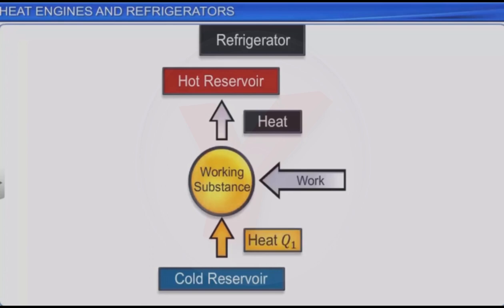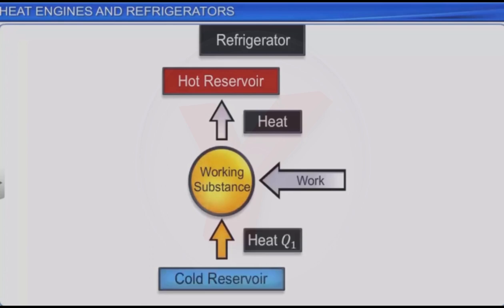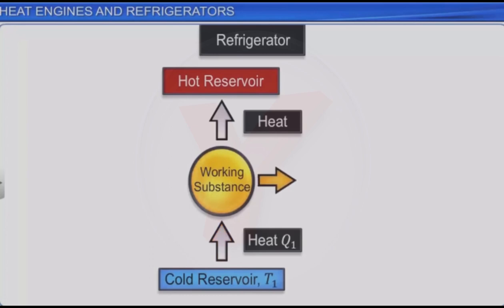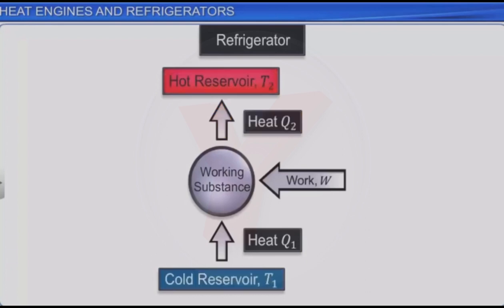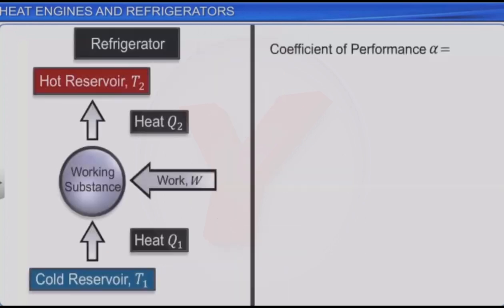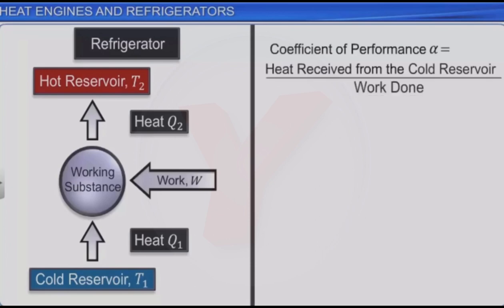Assume that the working substance receives heat energy Q1 from a cooled reservoir at a temperature T1. And after W work is done on the system, it rejects heat energy of Q2 to a hot reservoir at a temperature T2. The coefficient of performance alpha of a refrigerator is defined as the ratio of heat taken from the cold reservoir to the work done.